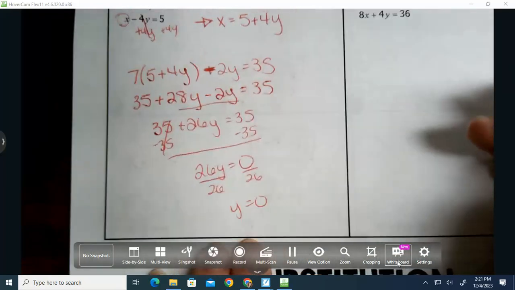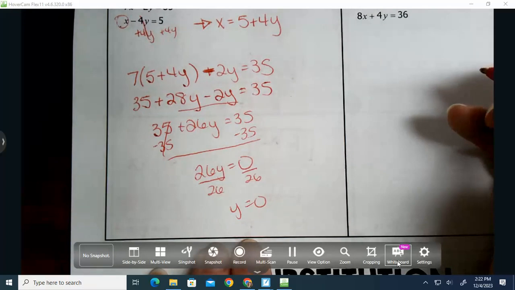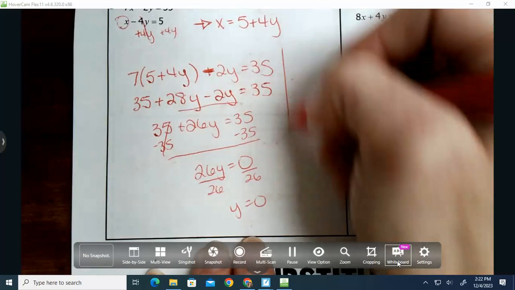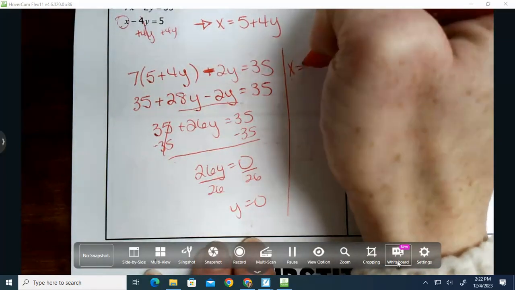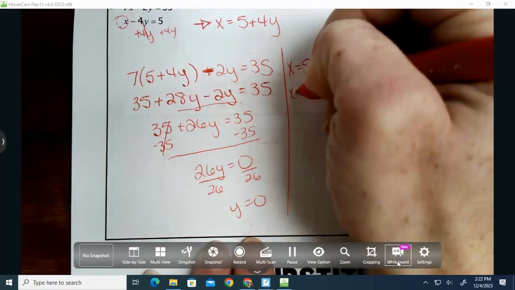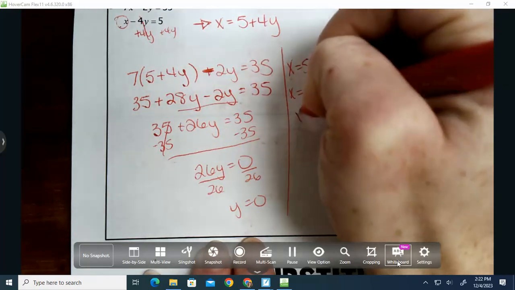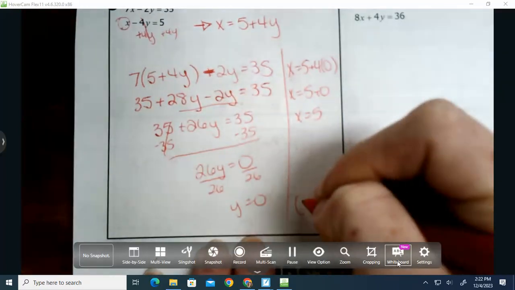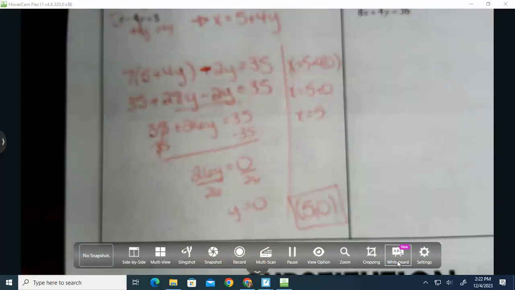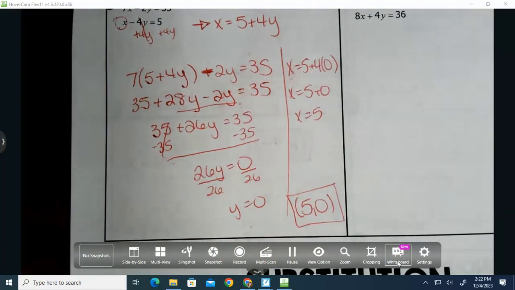What do you do once you have your y? Plug it back in to get our x. So we have x is 5 plus 4y, but y is 0. So 5 plus 0 is 5. So final answer is ordered pair xy, 5, 0.